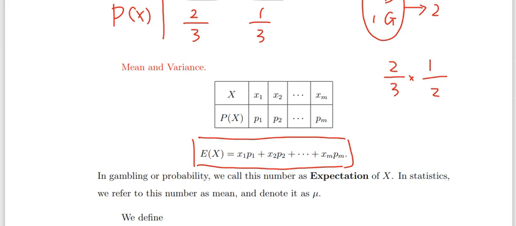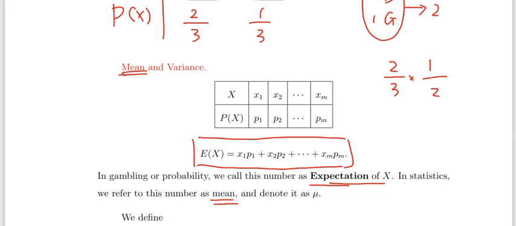We call this number expectation in gambling probability. But in stats, we call such a number the mean. So mean is just the expectation. Mean is just the average.